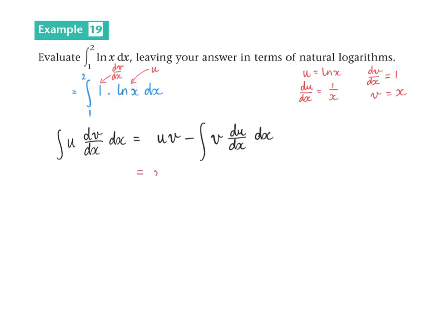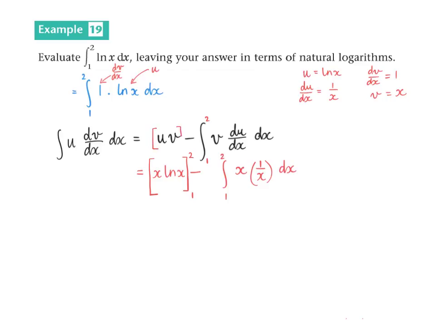We're going to pop these values into our integration by parts. So u times v is x ln x minus, now we've got it going from 1 to 2, so we've got a definite integral from 1 to 2, and v is x, and du by dx is 1 over x dx. So that's simplified our integral again, because we can actually cancel these x's out, and it makes it much simpler. So we also have to put this in terms of the upper and lower boundaries.